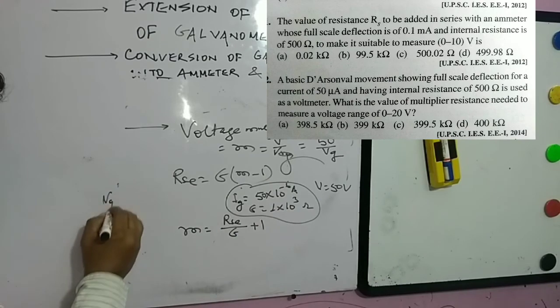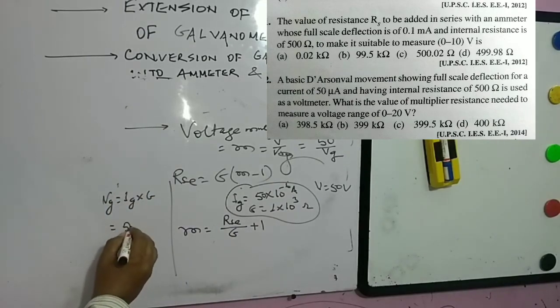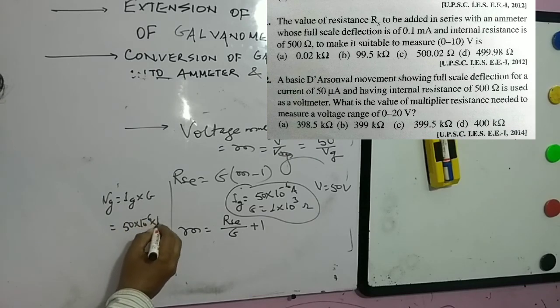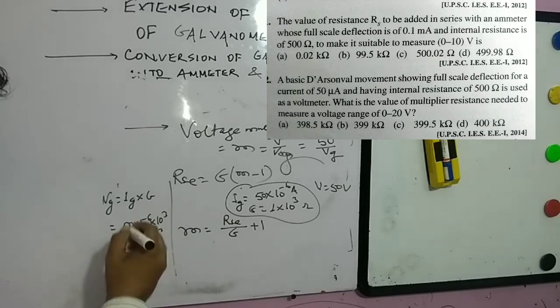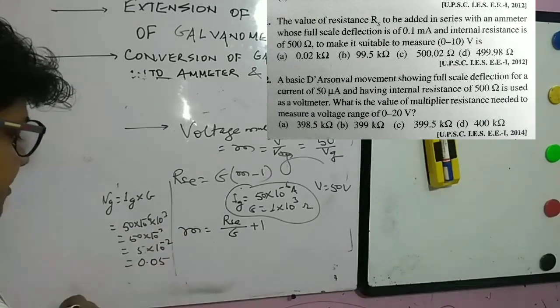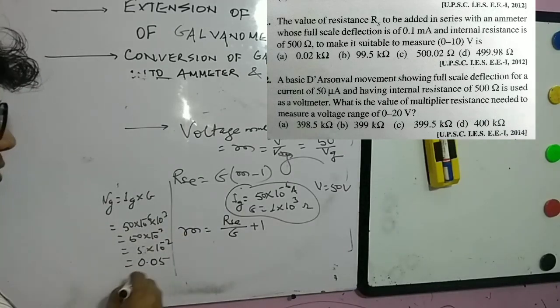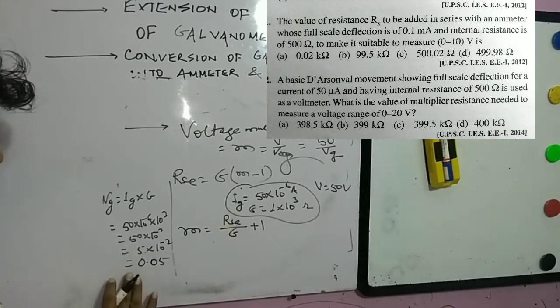So what we can write, Vg is equal to Ig into G, and Ig is 50 into 10 to the power minus 6, and this is 1000. So this is 50 into 10 to the power minus 3, so 5 into 10 to the power minus 2, so this is 0.05, right? So Vg is 0.05.